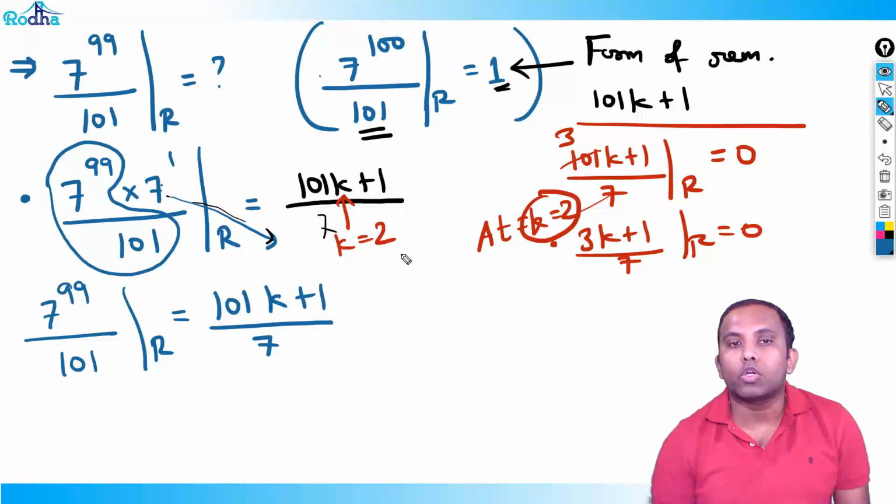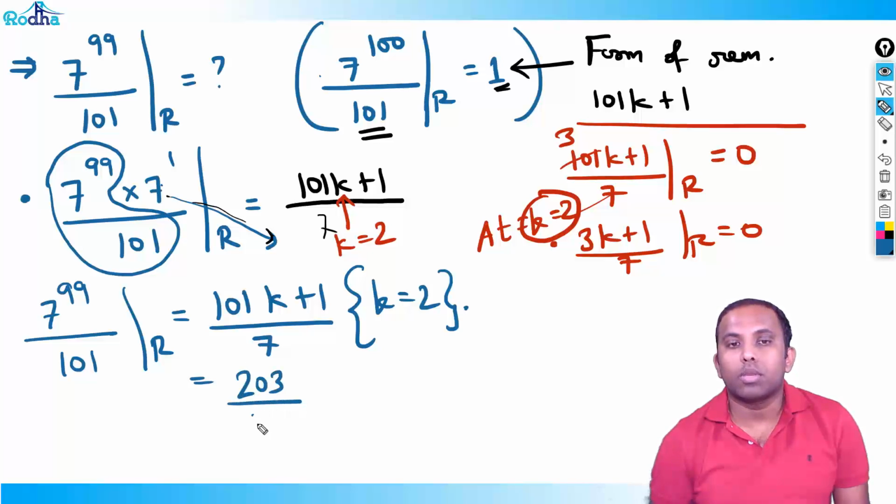We got k equal to 2. If I put k equal to 2 here, I'll get 203. 203 by 7, what is the result? It goes 29 times.